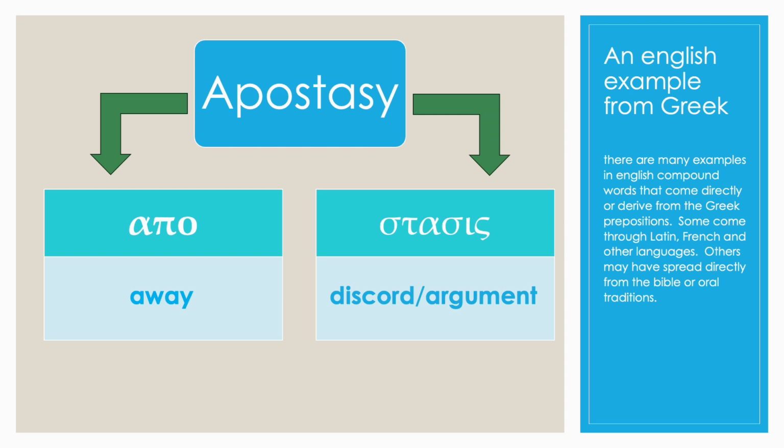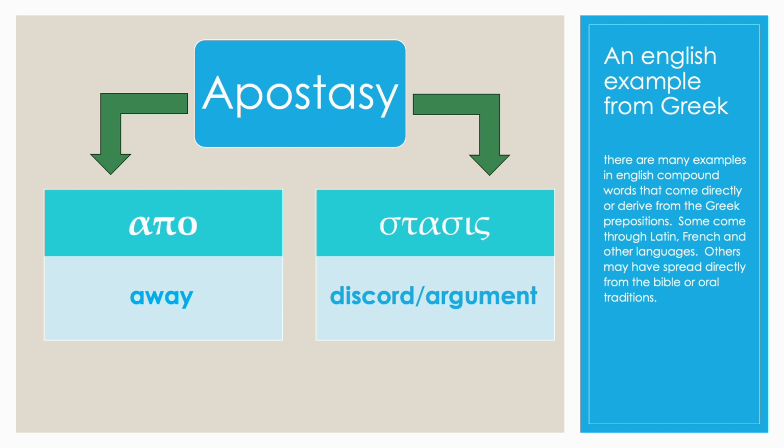And it is the two words combined, apo, meaning away, away from, and stasis, which is translated various different ways, but things like discord, argument, disagreement. So it's that apo, that moving away from God, and the stasis bit means that you're in argument, disagreement with God, so you've moved away from God.